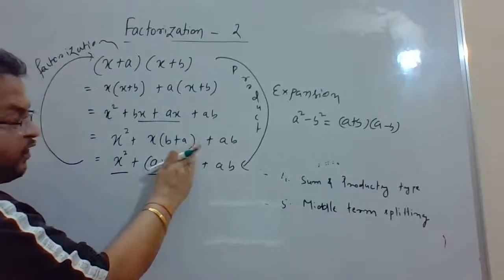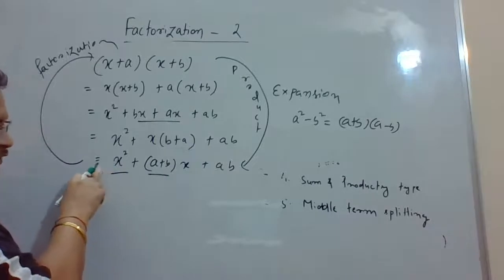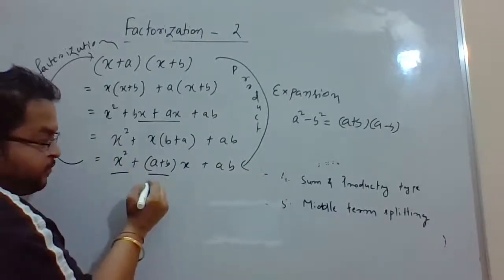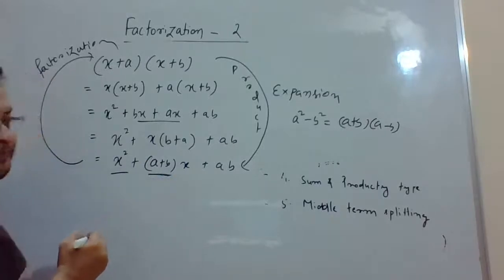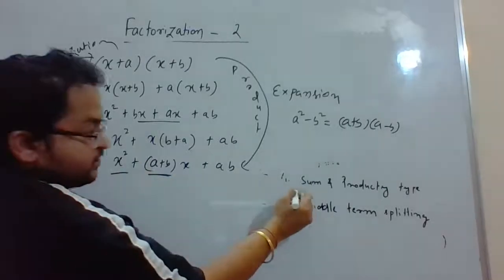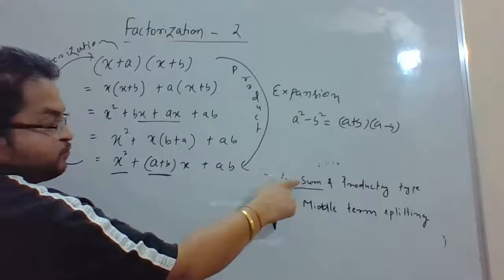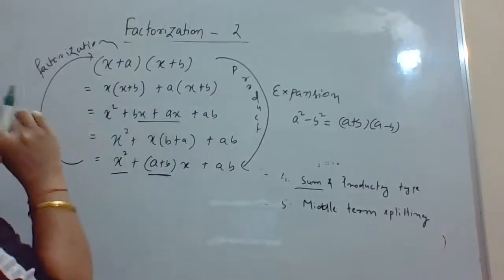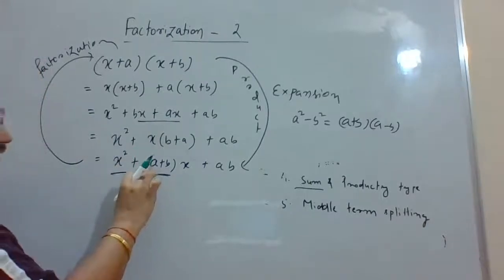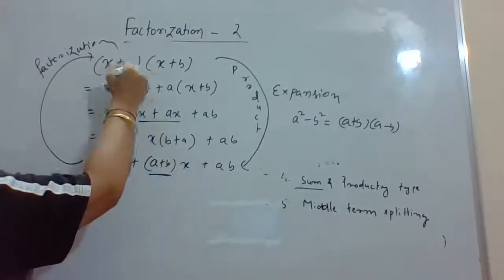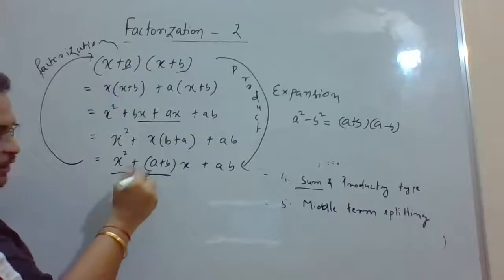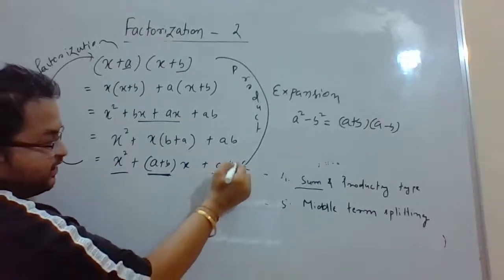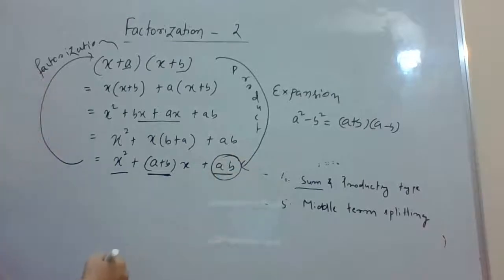So if the first term is the square of the variable, the middle term is the sum of the two terms, so x squared plus a plus b x, where the terms are a and b, and the third term is the product of the same two things.